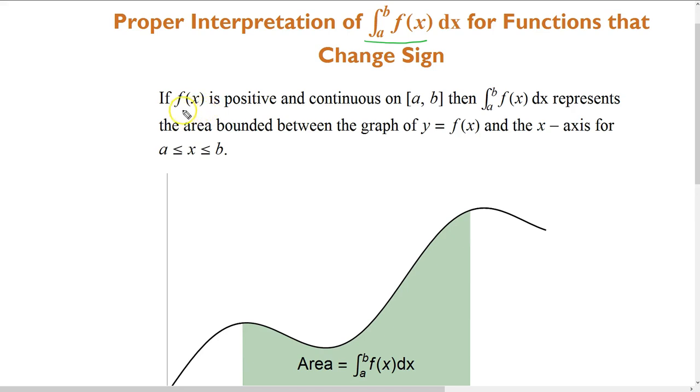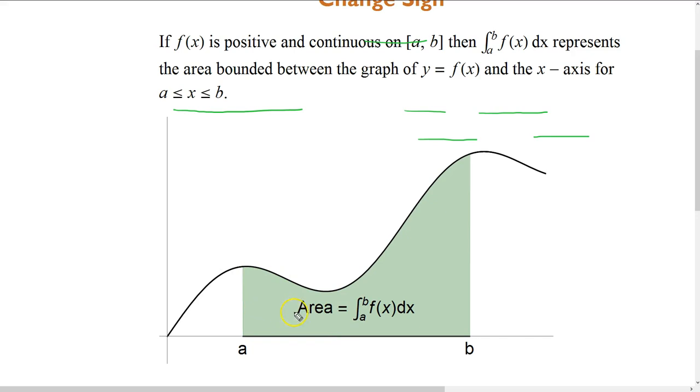Now let's recall that if f of x is positive and continuous on a closed interval, then the definite integral from a to b represents the area bounded between the graph of the function and the x-axis for x between a and b. In other words, we have this graphic down here.